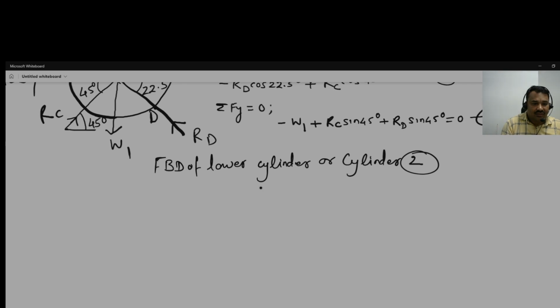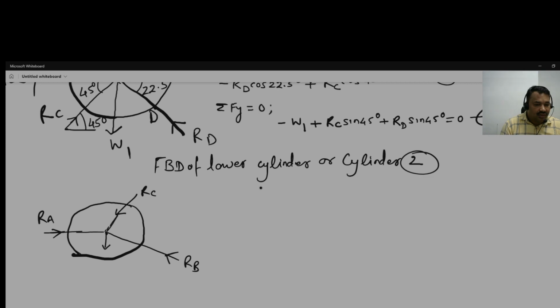So this is cylinder 2, its weight W2, and here RA, here RC, and here RB.